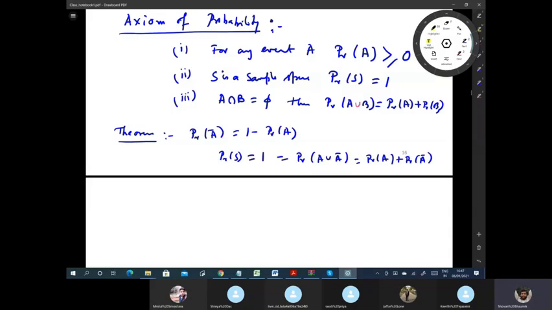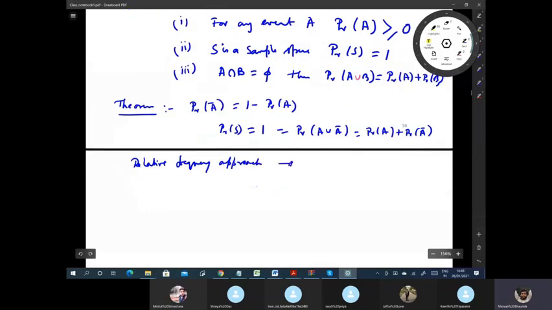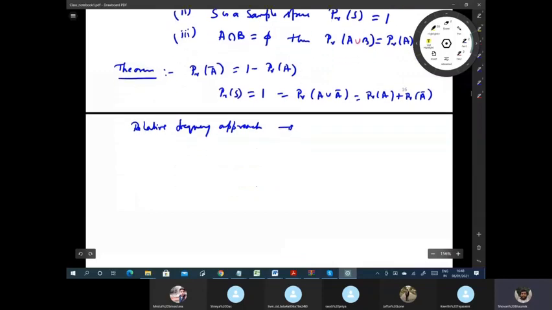By that means also you can calculate the probability. So we can write probability of A, in this approach, as the limit as n tends to infinity of the number of times A occurs divided by the total number of trials. Okay, in that way you could proceed.